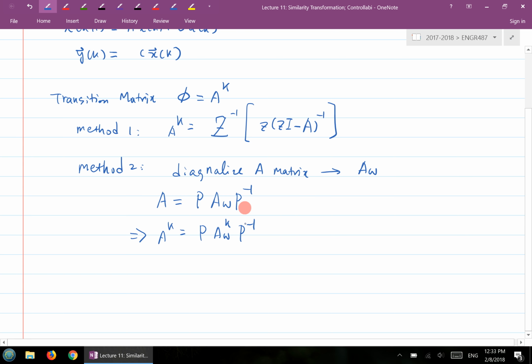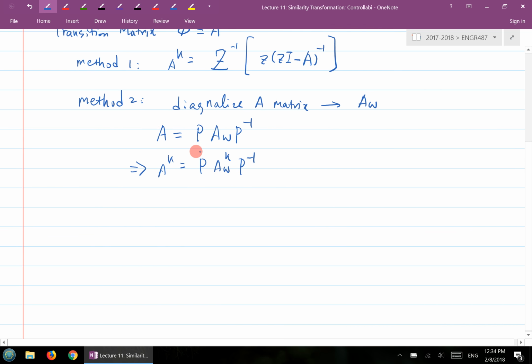So from here to here I showed you that if this is a diagonal matrix, this is the result for A to the power of k. For a diagonal matrix to the power of k, it's very simple, just all the elements to the power of k. Now we are looking at how we can diagonalize A to A_W, and what this matrix P will be.